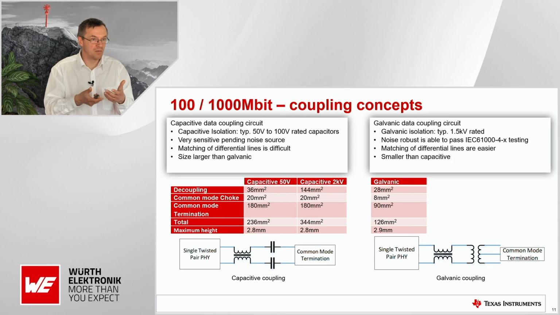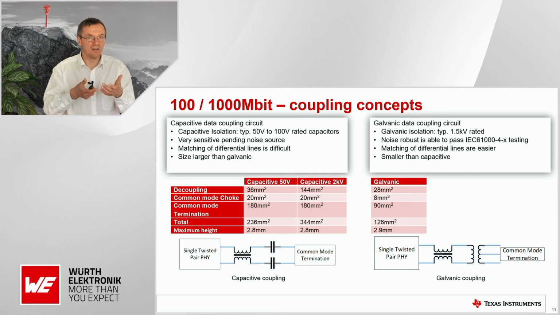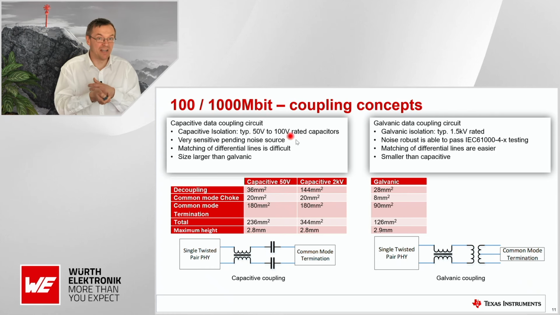One of the negatives is that with this capacitive coupling cap, the cap rating will define your isolation voltage. Typically when you're building an industrial system, you need to have 1.5 kilovolt rated isolation, meaning you need to take a cap which has a high enough isolation rating. So you see the size will start to go up a lot.